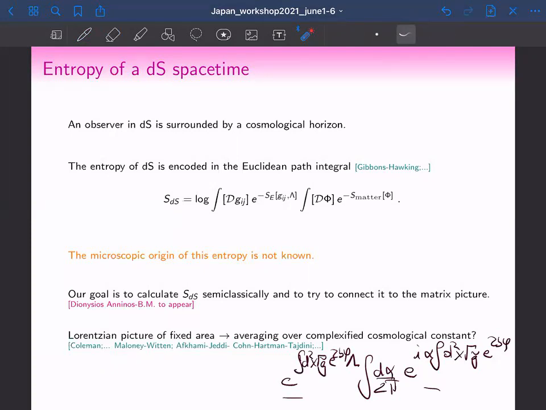Going back to Coleman, or in more recent literature, Ida in one of the next talks is going to talk about this averaging. In this spirit, we have to average over a complexified cosmological constant to understand the fixed area perspective in the Lorentzian picture.